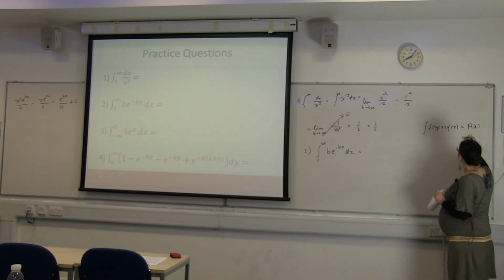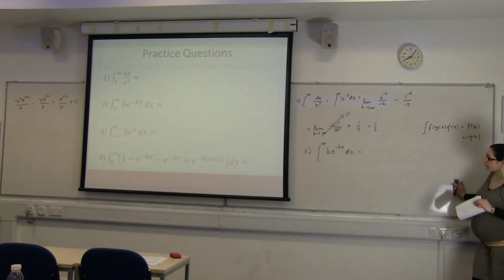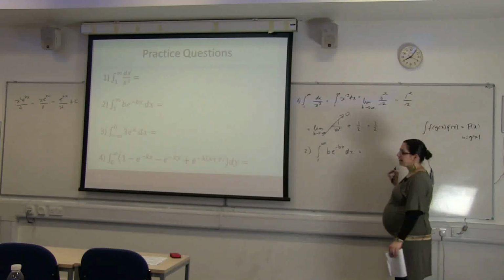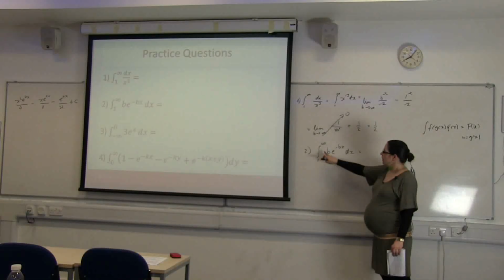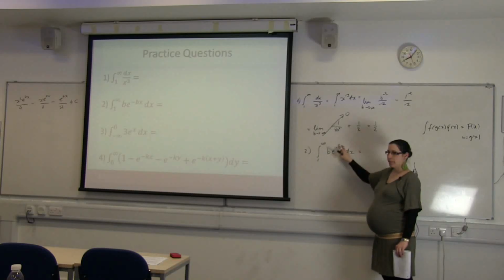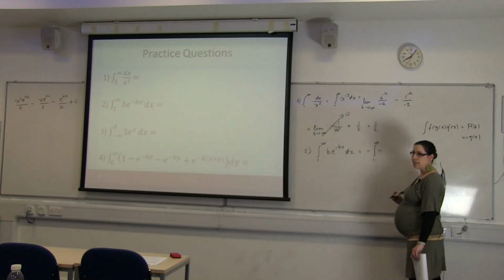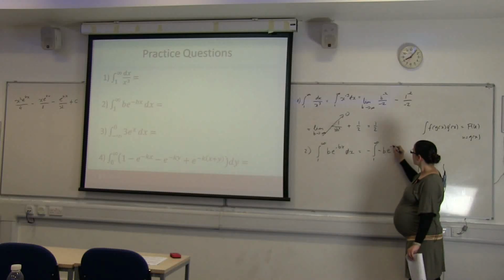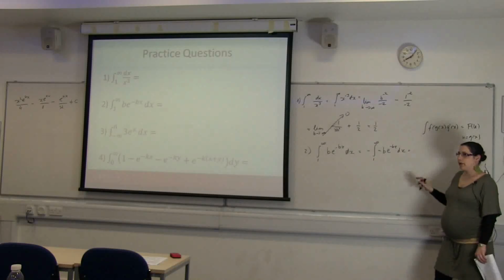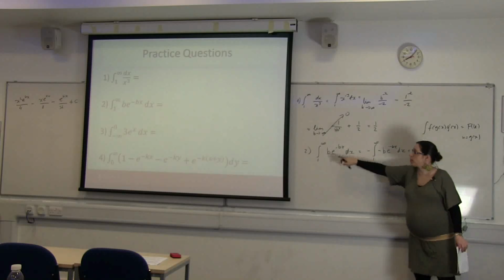And your u was the g of x. If I had minus b, then that would be exactly g prime of x. So it's very standard that I put a negative sign outside, and a negative sign inside, because negative 1 times negative 1 is positive 1, so I haven't changed it.